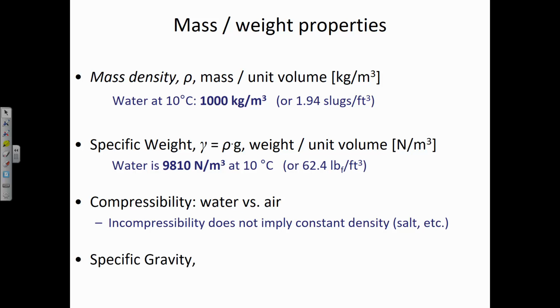Specific gravity is when we measure the relative density or the relative specific weight of a fluid compared to water. So we talked earlier about mercury, that fluid that is unusually dense. Mercury has a specific gravity of 13.56.